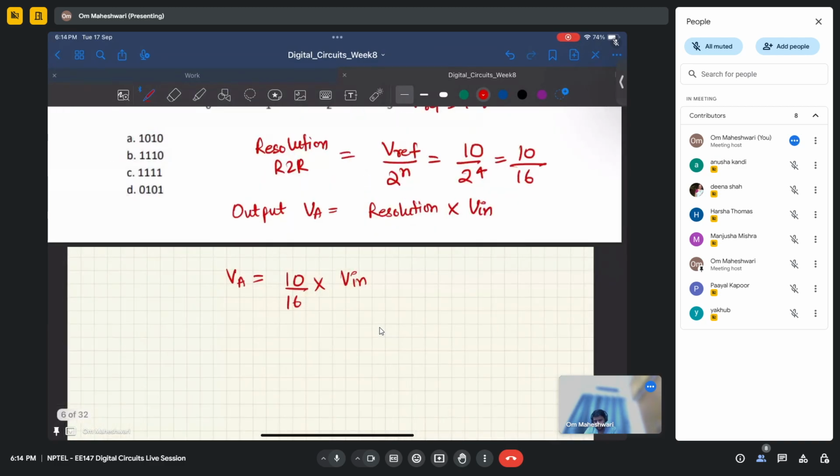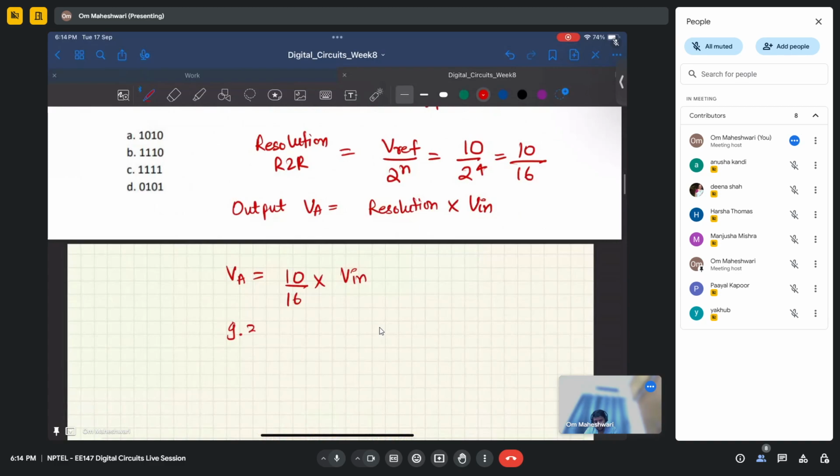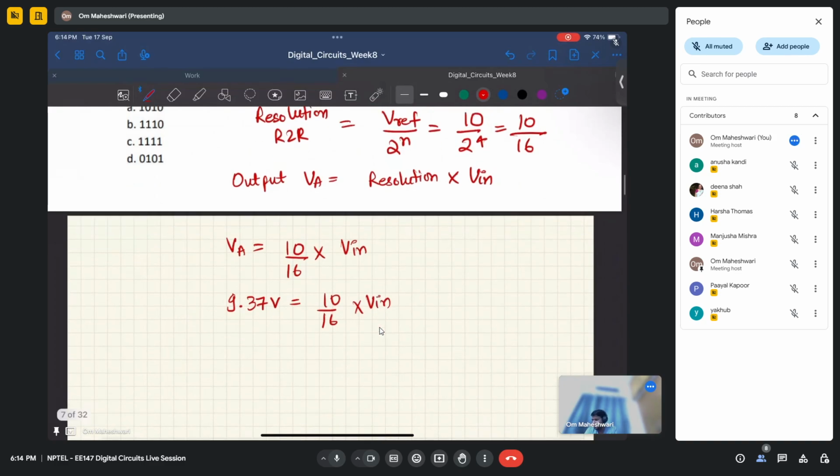VA is 9.37 equals 10 by 16 into V in. And if we solve this, we get V in equals 15 volts.